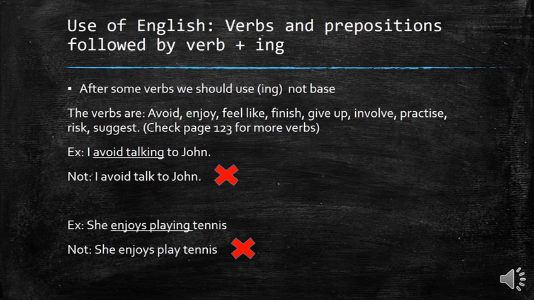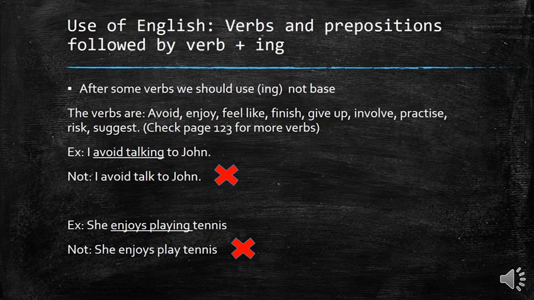Here, we're going to discuss a very simple grammatical topic. It is verbs and prepositions followed by verbs with ing. You need to memorize here that there are some verbs after which other verbs wouldn't be in base form. They would be with ing.